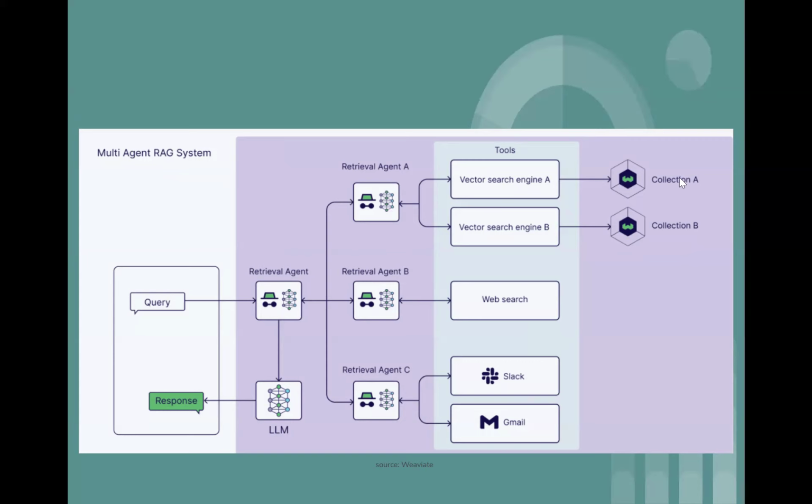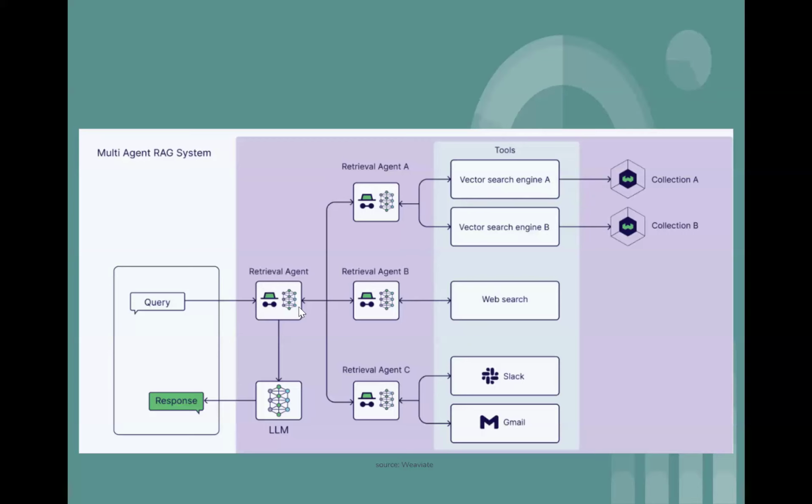Basically, is it an HR related question or is it a finance related question? Assuming that in your organization you have created different collections and put the HR data in this collection and finance in this collection, and that information is known. So the agent will make a decision on which tool to call based on the question.